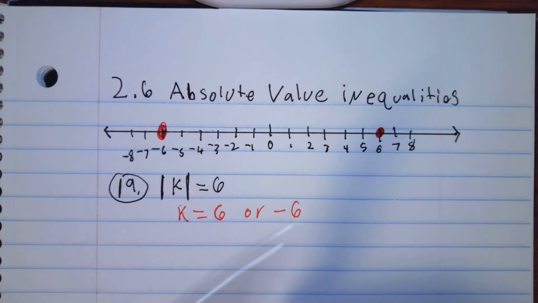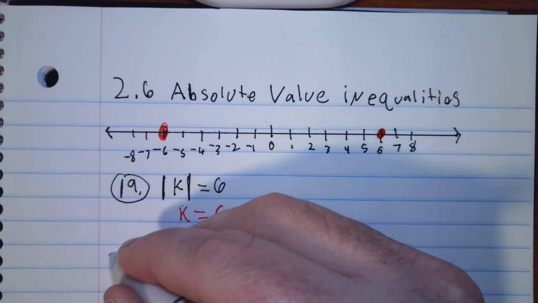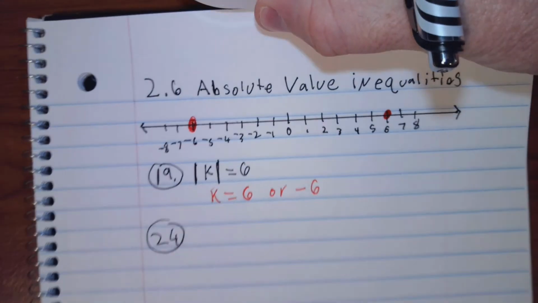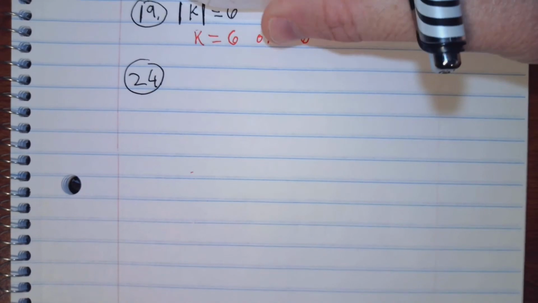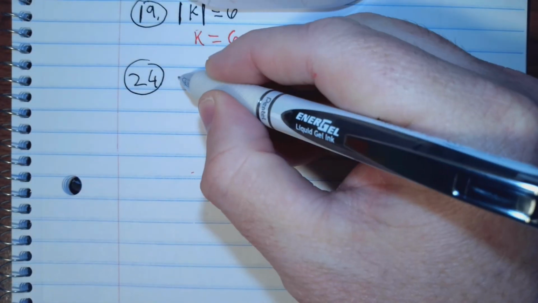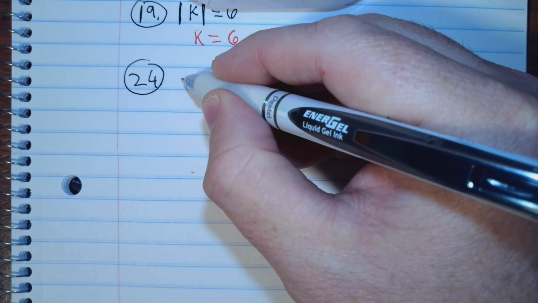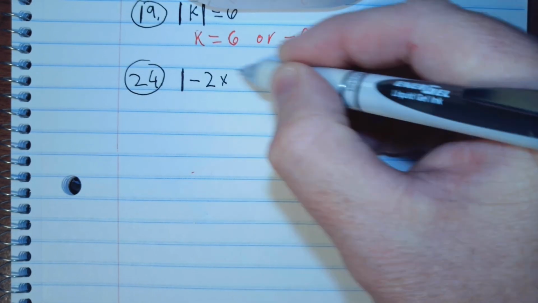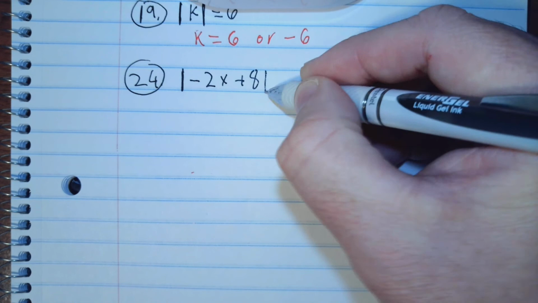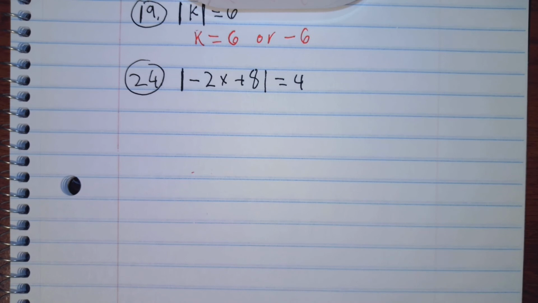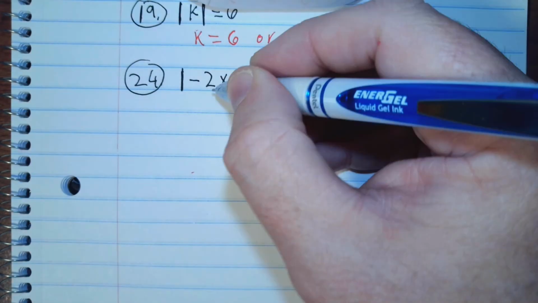This is going to be 24. And you can always pause this video if you need to get this in your notes. So this is going to be harder. Okay, so we don't need to graph every single one. We're not going to graph this one. But we do have a left answer and a right answer, and so we're going to go ahead and just split this up into two problems, if you remember.